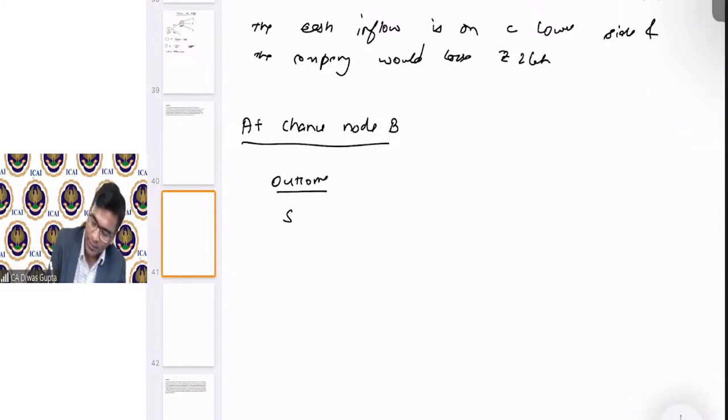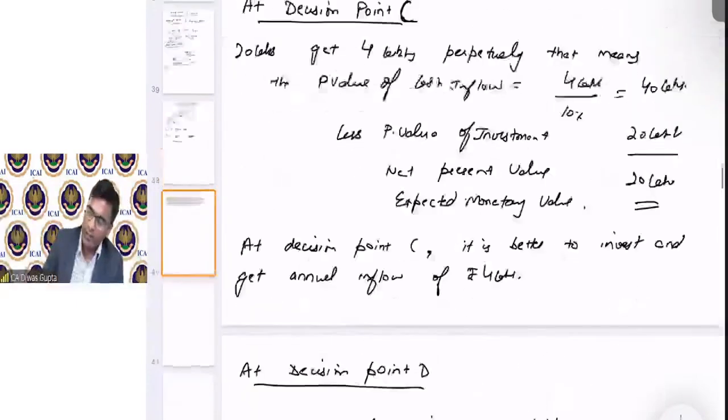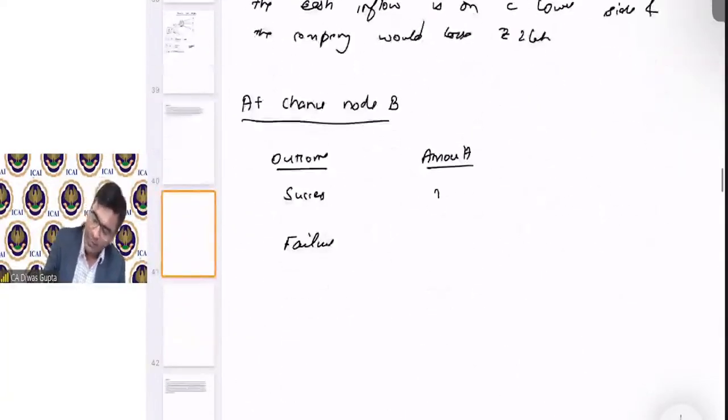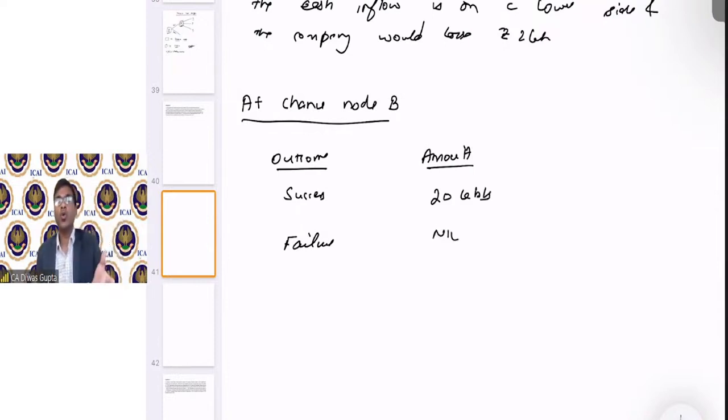One is success and another one is failure. What is the respective amount that you will get? So the amount here we just now calculated, right? 20 lakhs is what we will get in case we succeed, and failure nil, because in failure we decided not to invest.